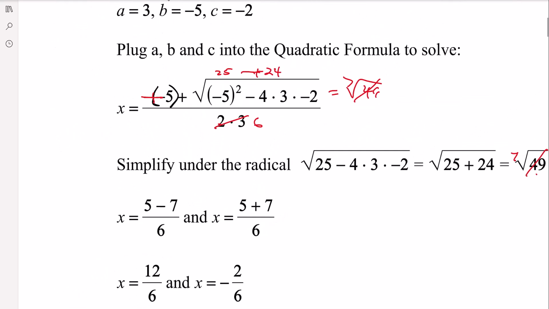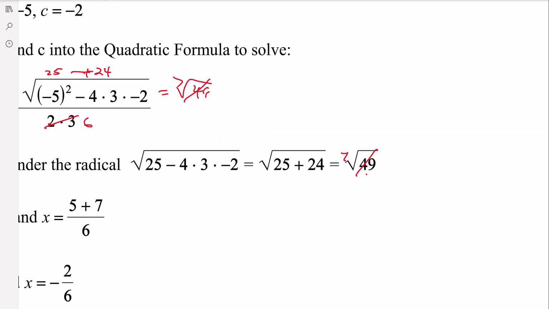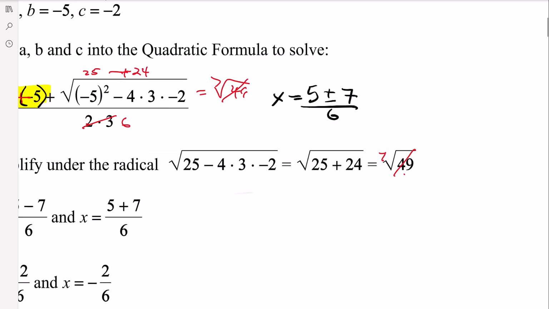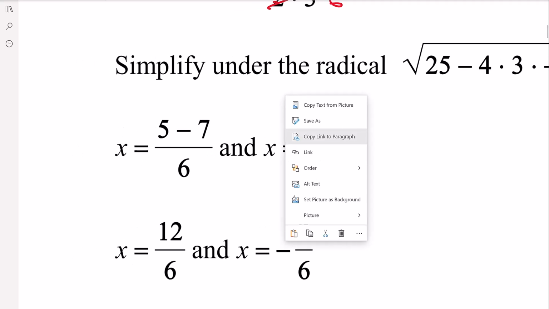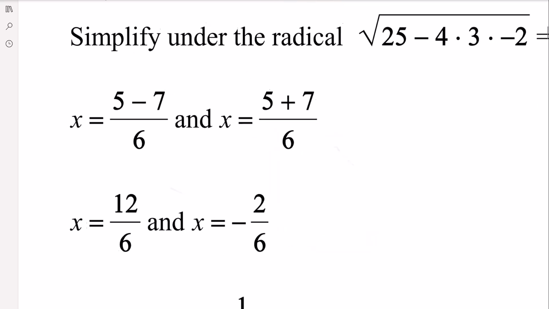So what do we have? The opposite of -5 is 5, and we have plus or minus. So this becomes x is equal to 5 plus and minus the square root of 49, which is 7, all over 6. So 5 subtract 7 over 6 and 5 plus 7 over 6.